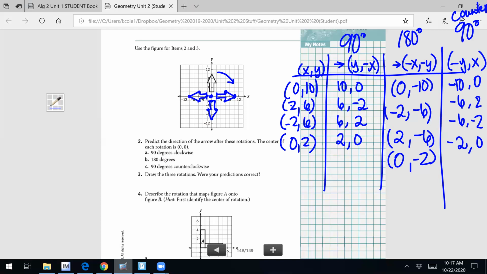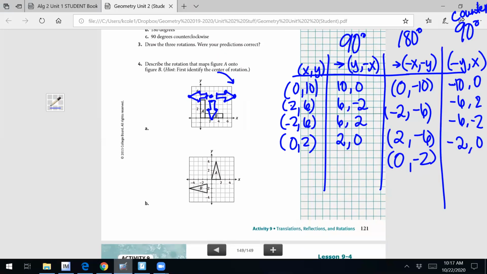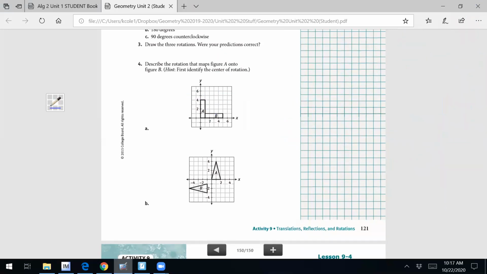Okay, all right. Number 4, describe the rotation that maps figure A onto figure B. So they've done it for us. We just have to describe what's happening. What's happening to figure A?